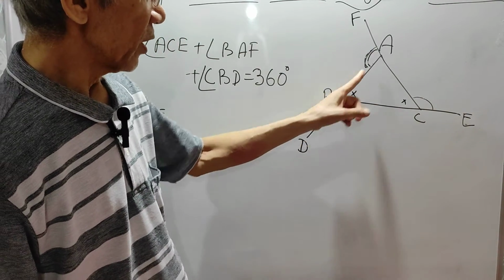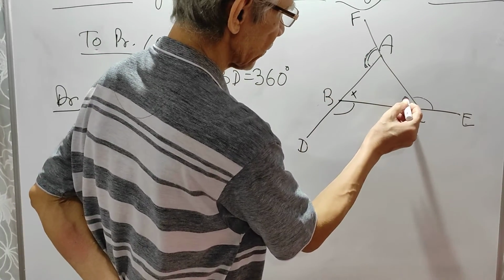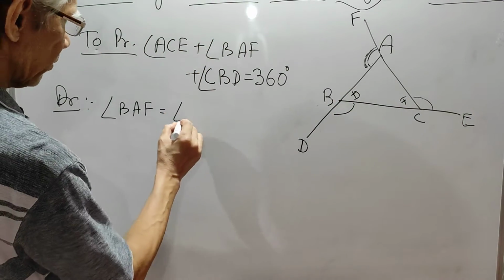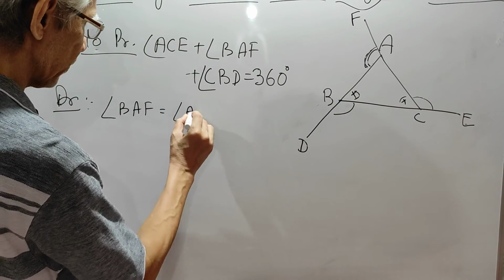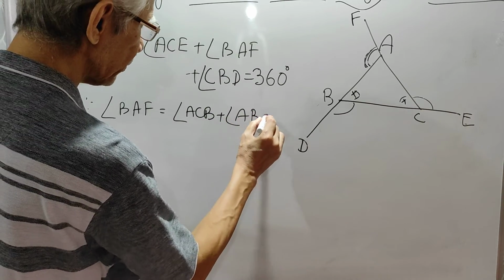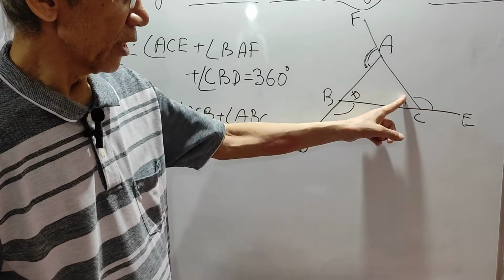At this point the external angle BAF is equal to what? The sum of these two, the sum of C and B. So the sum of angle ACB and ABC. So this external angle equals the sum of these two internal angles.